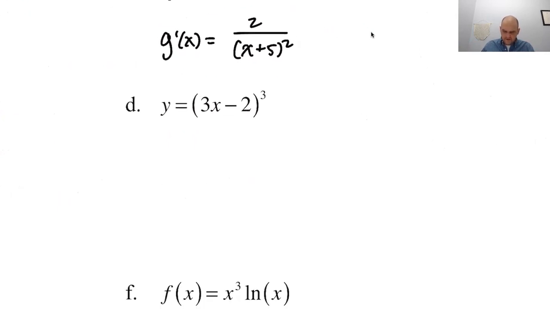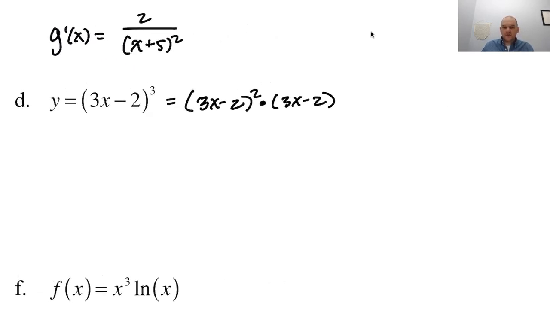All right, what do we know how to do here? I'm going to make it weird. I'm going to make it 3x minus 2 squared times 3x minus 2. When I do this, it's first times derivative of the second plus second times derivative of the first.